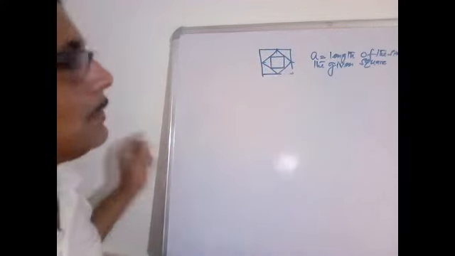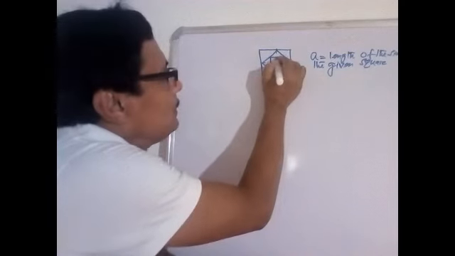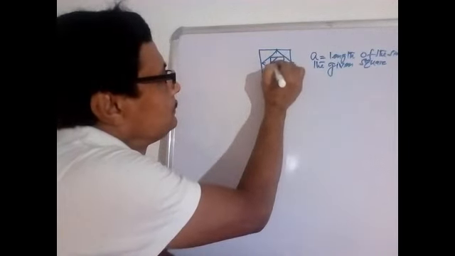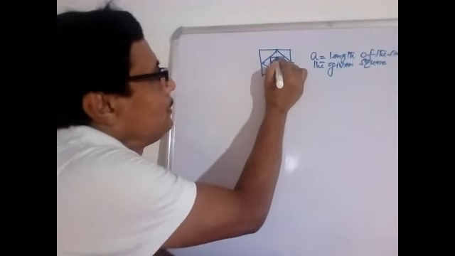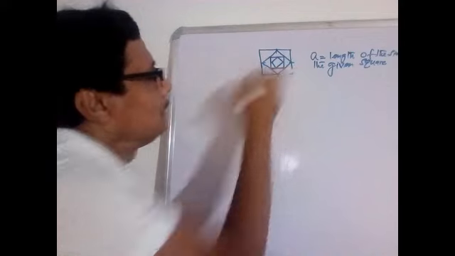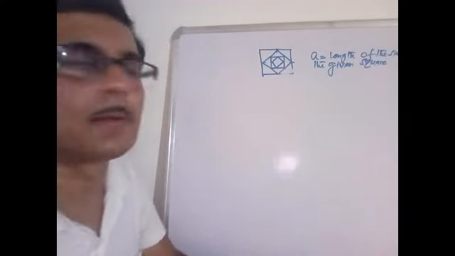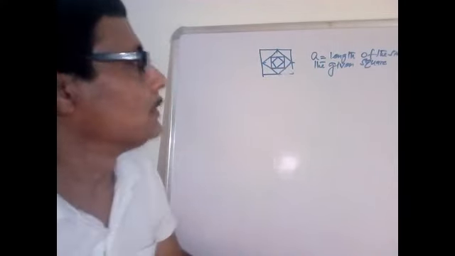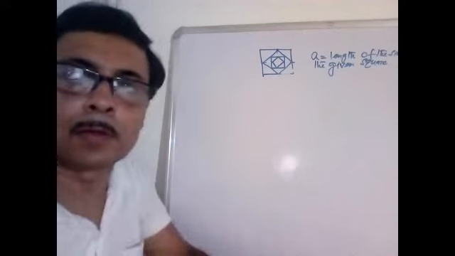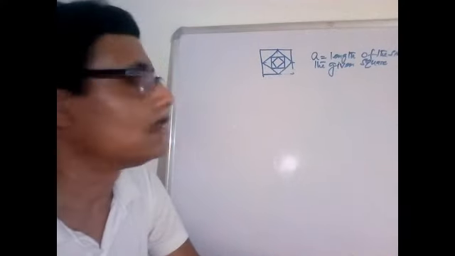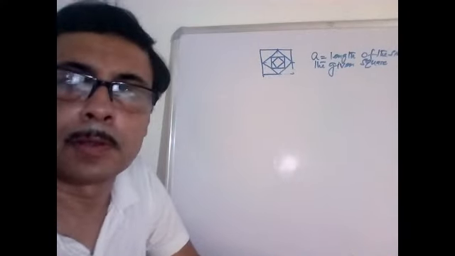And if we continue this process endlessly, we can get an infinite number of squares. Our aim is to find out the areas of this infinite number of squares.